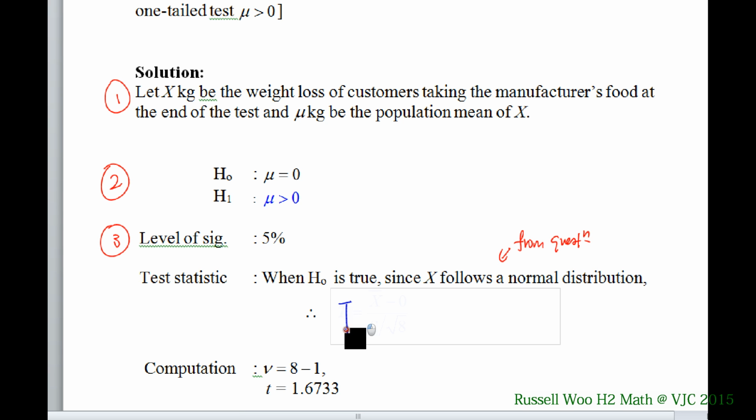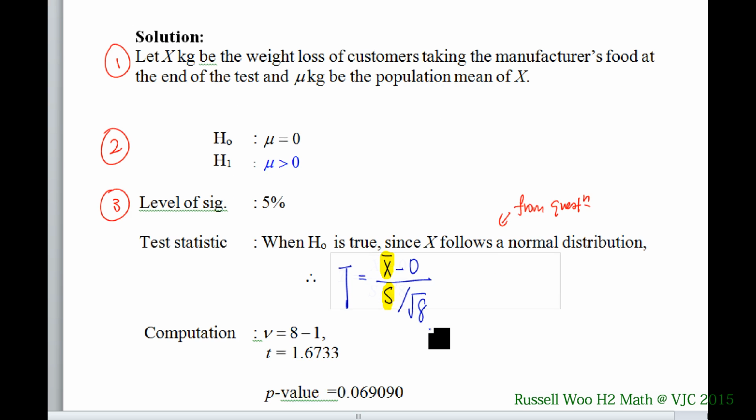So it is T equals X bar minus 0 divided by S. Notice I use uppercase, because these two are variables. Divide by root 8 because N is 8. Degrees of freedom is N minus 1.